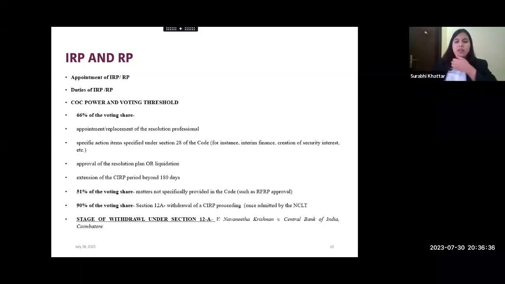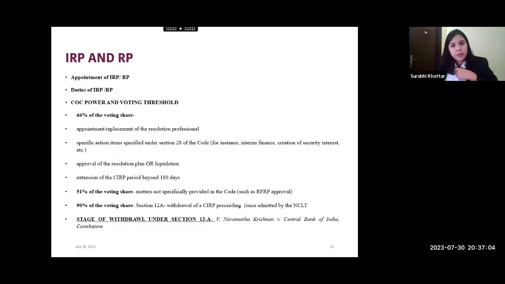Now coming to the role of IRPs and RPs. IRP is an interim resolution professional and RP stands for resolution professional. When an application under Section 7, 9 or 10 is admitted, an interim resolution professional is appointed by the NCLT. Two things to be kept in mind whenever you are drafting an application under any of these provisions.